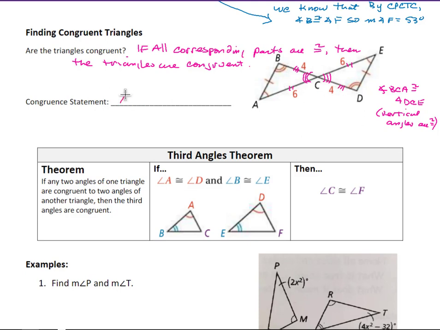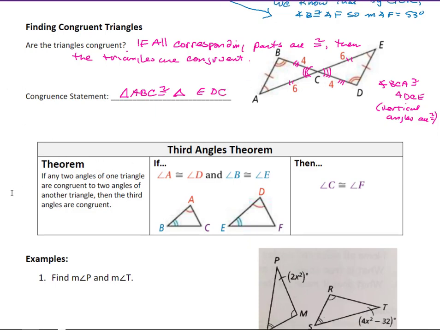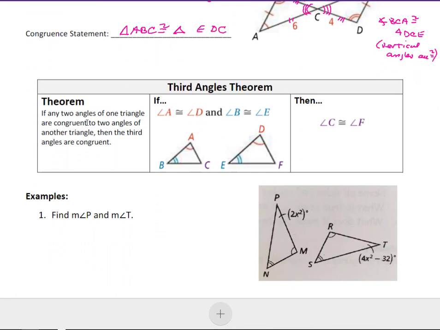So notice that all the corresponding sides are congruent. So if we're going to start with triangle ABC, we have to use EDC. Notice that A goes with E, B goes with D, and C goes with C.